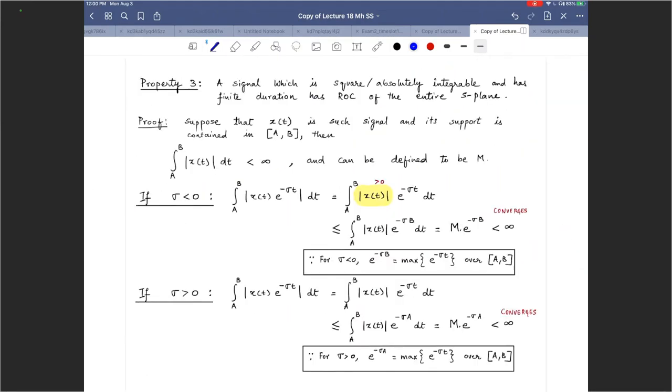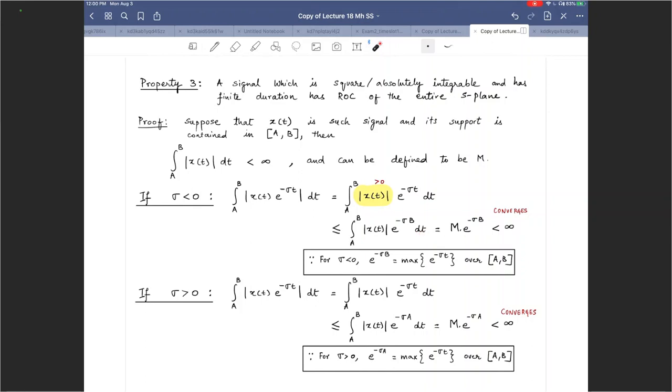That's how we are writing this. This is greater than 0. The integral of absolute of x of t e to the minus sigma t dt will always be less than the integral from a to b of absolute of x of t e to the minus sigma at b, because b is the upper limit in time. This has to be the maximum then, dt.